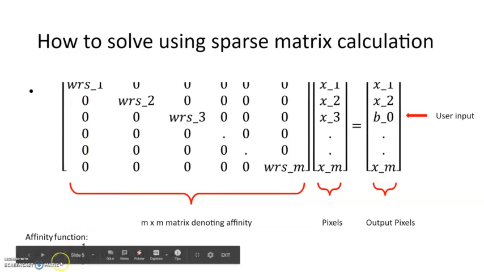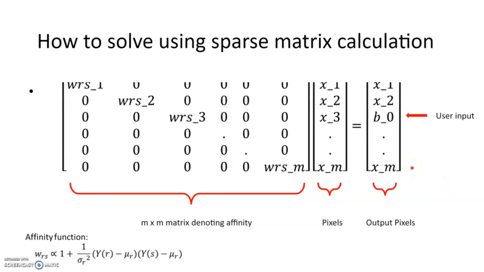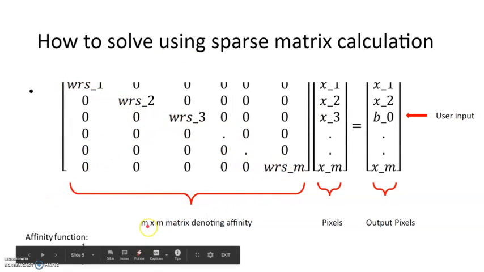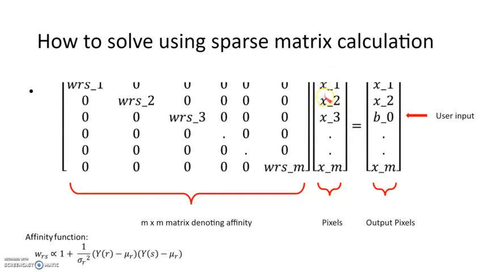The affinity function is defined as the relationship between one pixel and its surrounding pixels. So we can see the whole matrix here, which has the affinity values for all pixels. That's why this is an m by m matrix denoting affinity, and this vector here denotes all the pixels. So x1 means 0th pixel, x2 means the first pixel, x3 means second pixel.